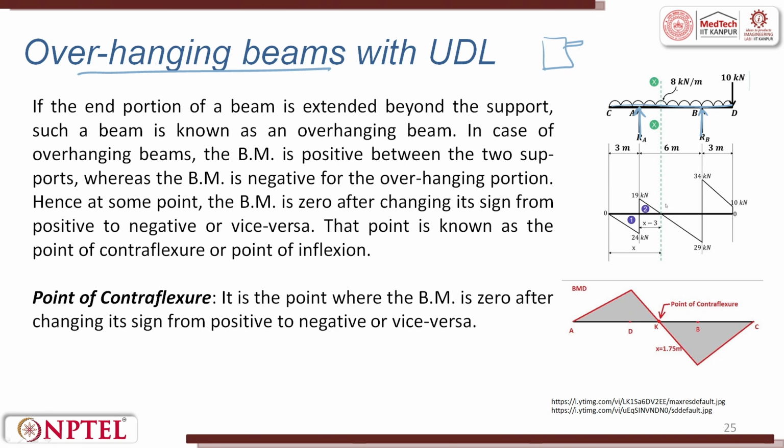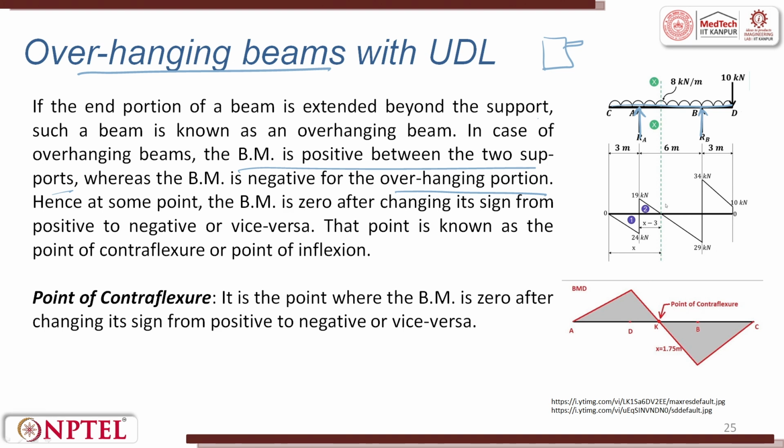If the end portion of the beam is extended beyond the support, such a beam is known as an overhanging beam. In case of an overhanging beam, the bending moment is positive between the supports, whereas the bending moment is negative for the overhang portion.